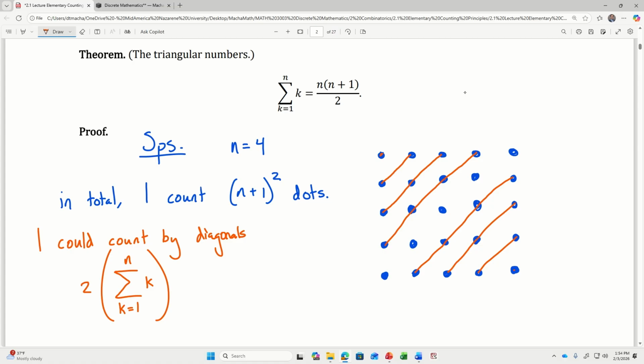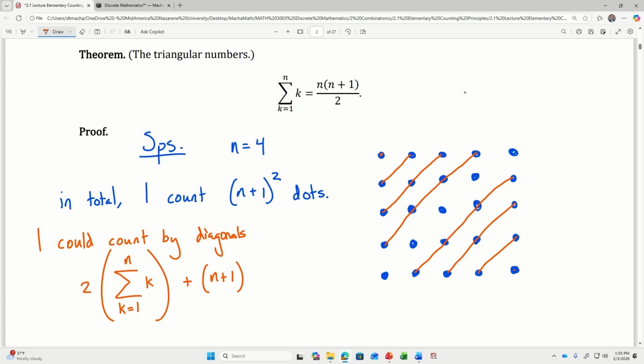And then I could add to it this part. How many dots are on that main diagonal? That would be n plus 1. So this is counting in 2 ways. The first one, just the formula for a square, is n plus 1 squared to get the total number of dots.